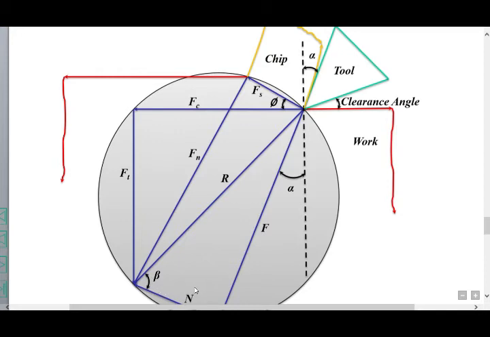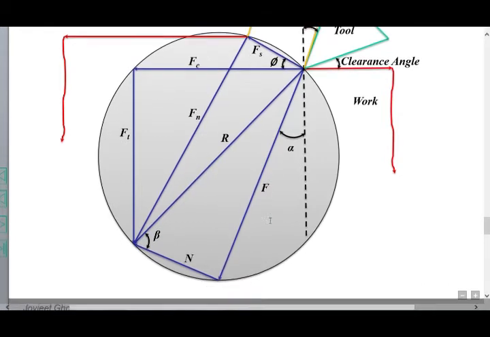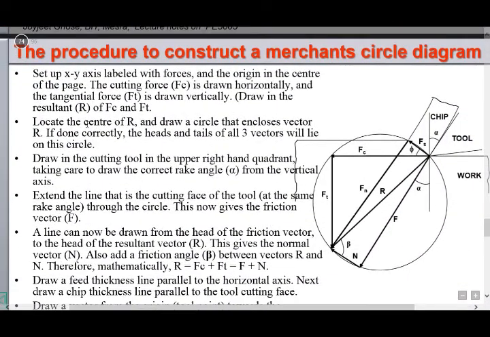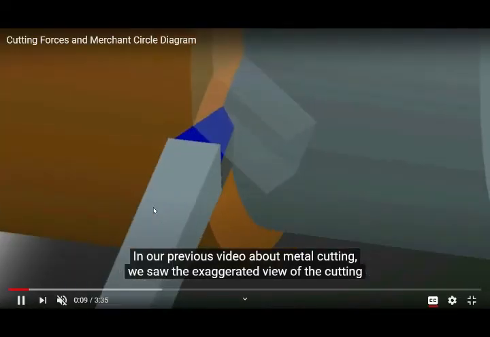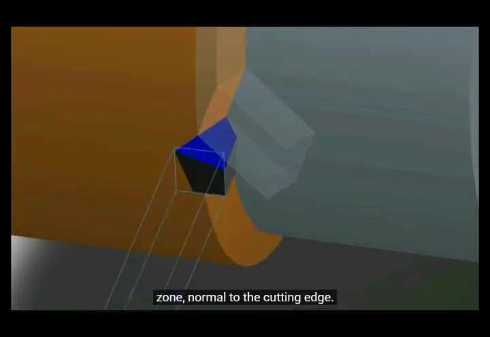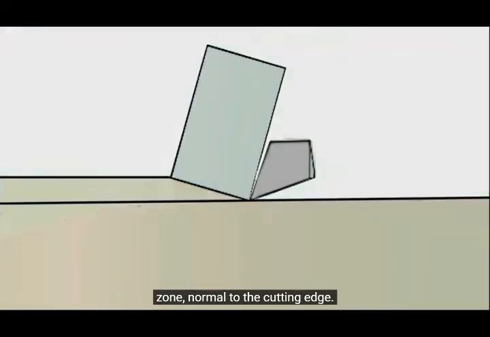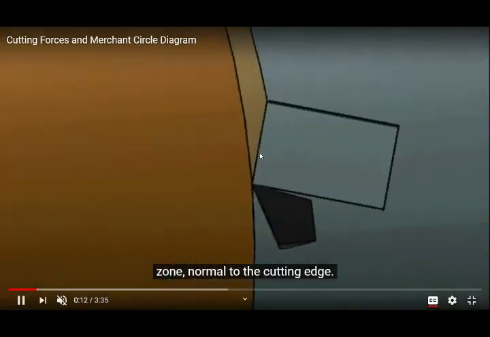As the chip slides over the tool face under pressure, the kinetic coefficient of friction mu may be expressed as mu is equal to F by N. The theory in the text is hard to understand, so I will explain deeply how to draw the Merchant circle. As in our previous video on metal cutting, the tool removes the material.